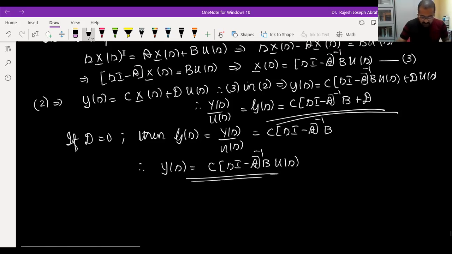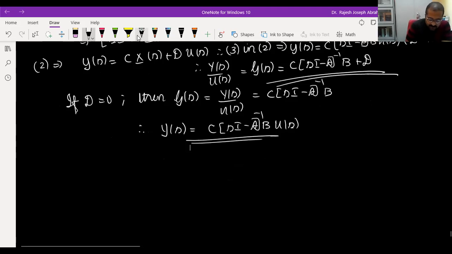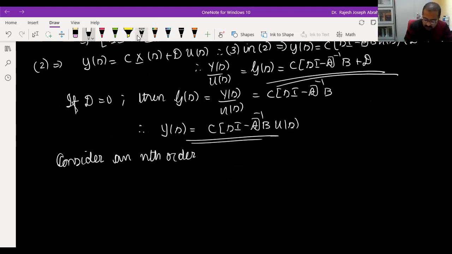Now let us consider the MIMO case. Okay, an nth order system. Consider an nth order system with p inputs and q outputs.